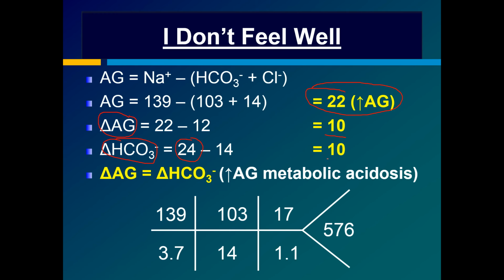So that change is also 10. Change in your anion gap equals the change in the bicarbonate. That basically tells you that the only metabolic condition going on right now is an increased anion gap metabolic acidosis.